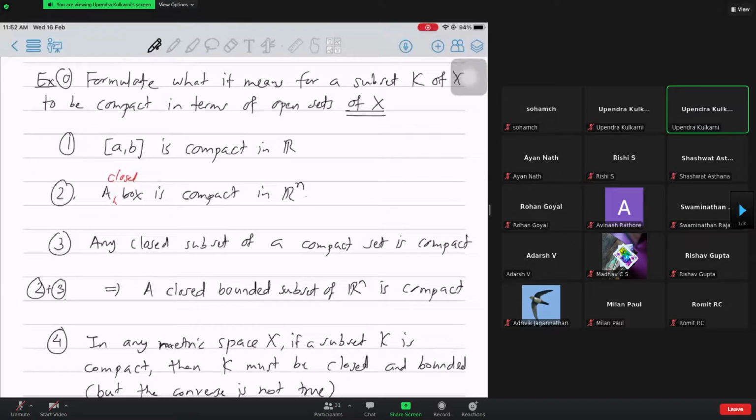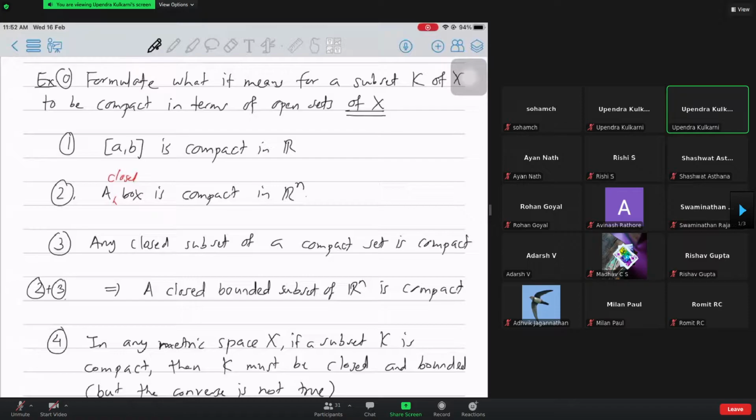And the point is that one version of the Heine-Borel theorem characterizes sequentially compact sets inside Rn. And these are precisely the sets that are closed and bounded.